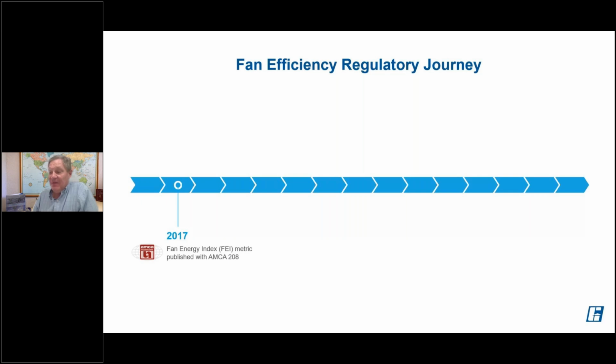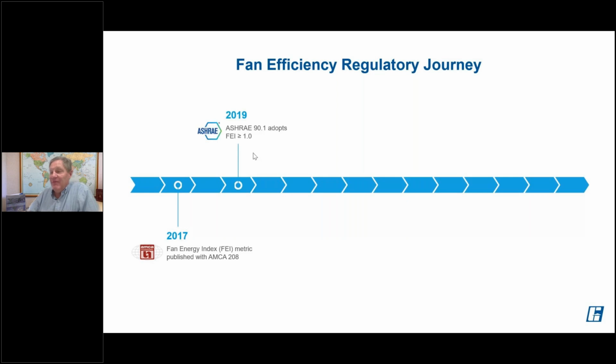AMCA developed this metric. Dean made reference to a prior metric called FEG, which AMCA scrapped and said, there are some flaws with that. So here's FEI, Fan Energy Index, a better metric, and here's a standard for it. That was published in 2017.